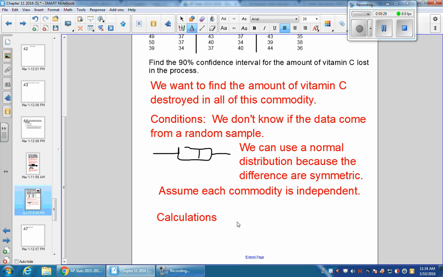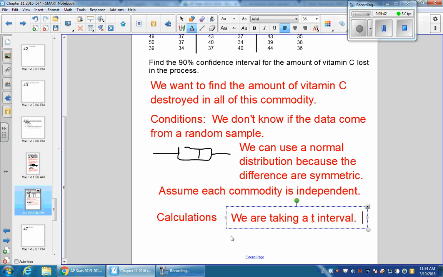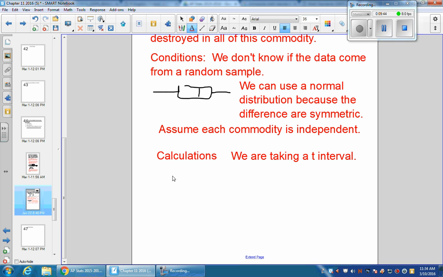So we are taking a t interval. We could say one sample t interval if we wanted, but we don't necessarily need to. And so this was 5.3 repeating, plus or minus our margin of error.